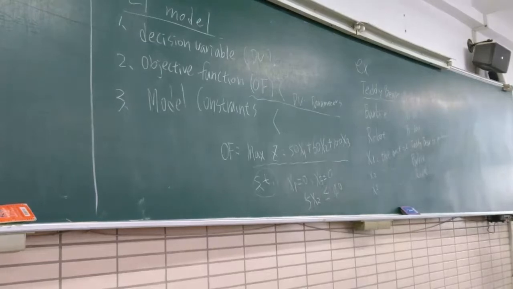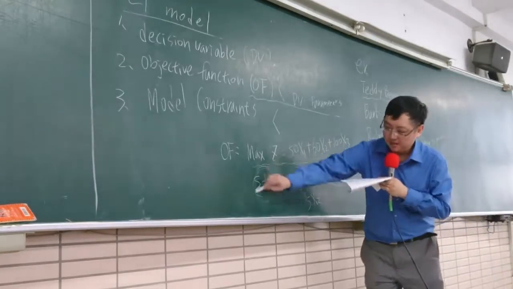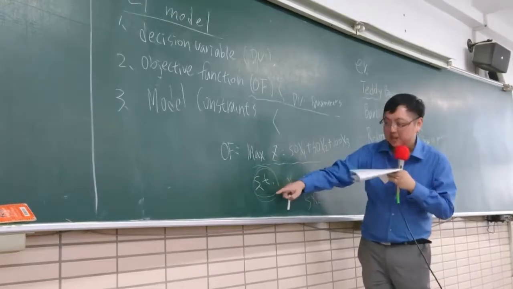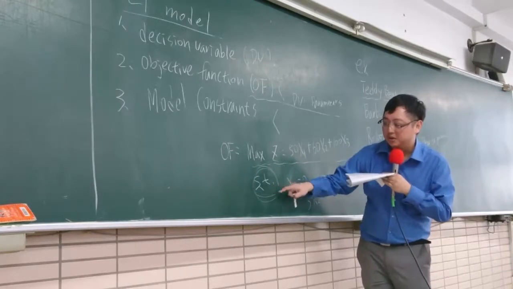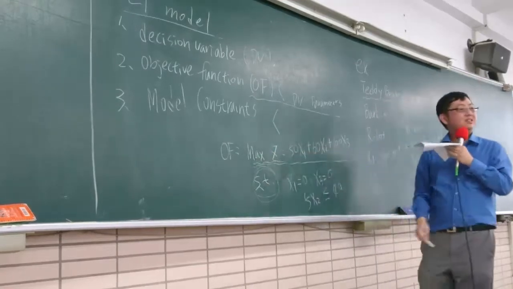So based on the question, based on the order you receive from your boss, you write out the equation. This is all about management science. And in this chapter, we use linear programming. As you can see, we have this subject to restriction, limitation, 限制式, and this is our objective function.